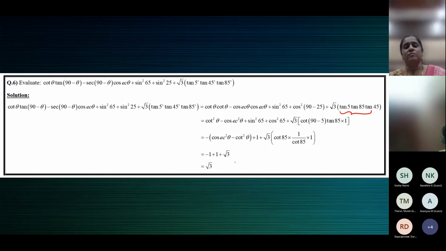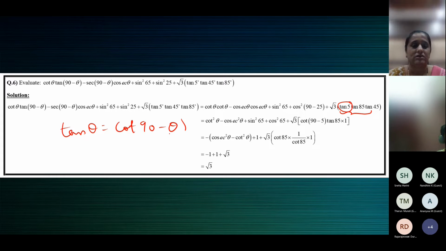Now how to handle this? First we use complementary ratios, or you can use reciprocal ratio first and then complementary ratio. Any way you can do it. I've used complementary ratio first. I decided to change one of the two. So I took up tan 5. Tan theta is equal to cot 90 minus theta.